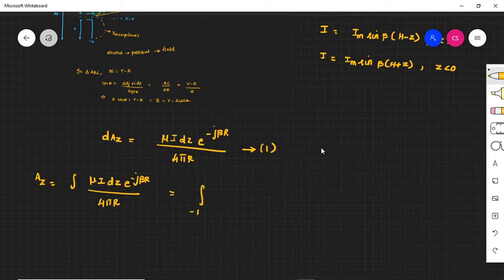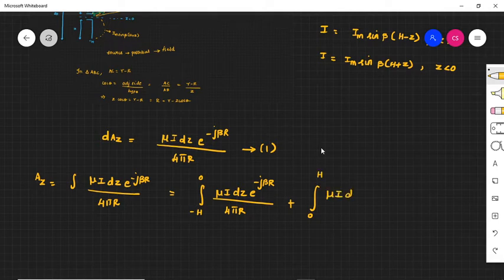So we will write this as integration from minus h to 0 of mu I dz e power minus j beta r divided by 4 pi r plus integration of 0 to h of mu I dz e power minus j beta r divided by 4 pi r. So we have just split the integration into two terms since there are two axes.